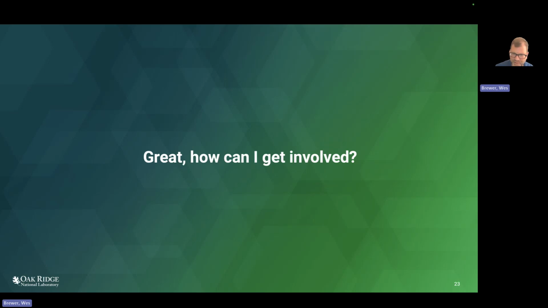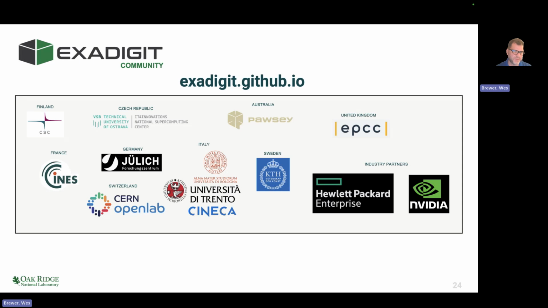And so you may be thinking, great, this looks great, but how can I get involved? Well, we've been developing since a little over a year ago. We've been forging a growing community. We have over 100 participants now from supercomputing centers from around the world and also industrial partners like HP and NVIDIA.